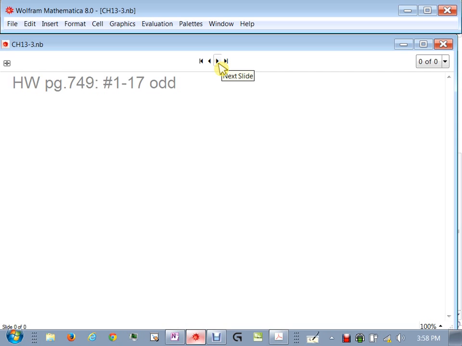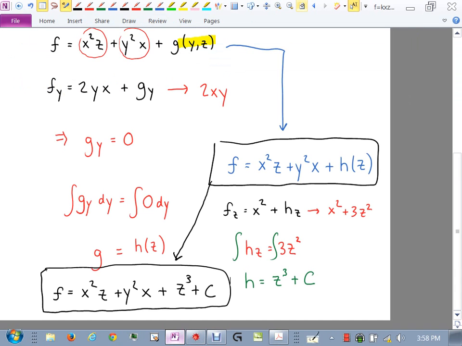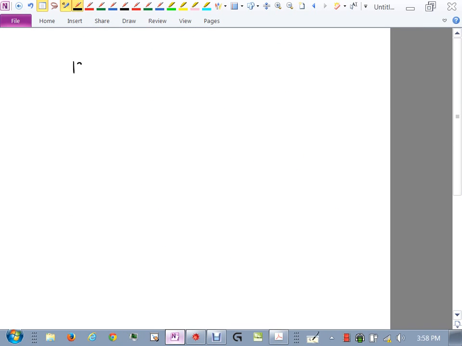Let me make sure I've got the homework correct here for both these sections. For 13.2, I don't know what page it's on, but there is a modification on this homework.